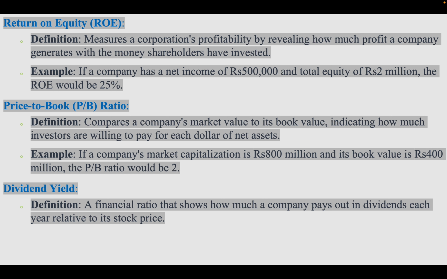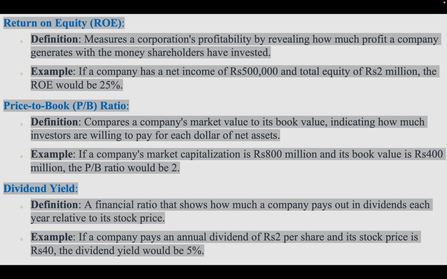Dividend yield. Definition: a financial ratio that shows how much a company pays out in dividends each year relative to its stock price. Example, if a company pays an annual dividend of rupees 2 per share and its stock price is rupees 40, the dividend yield would be 5%.